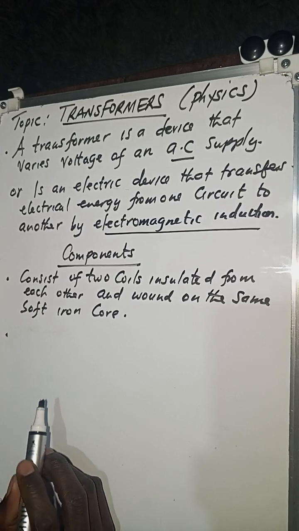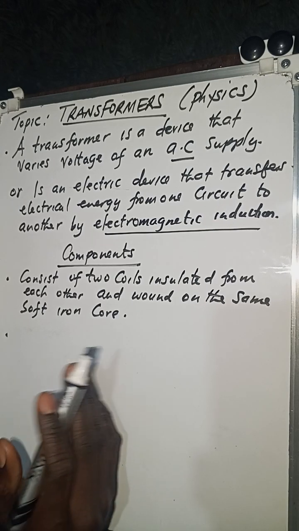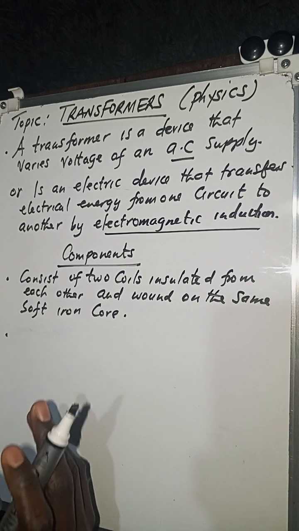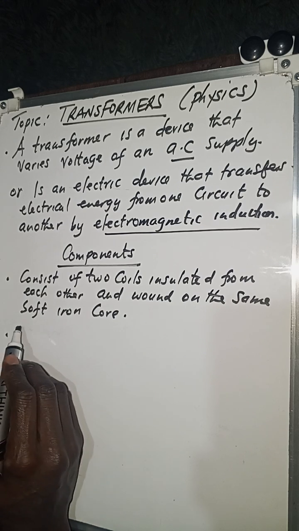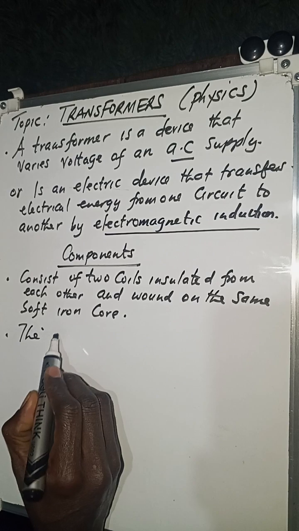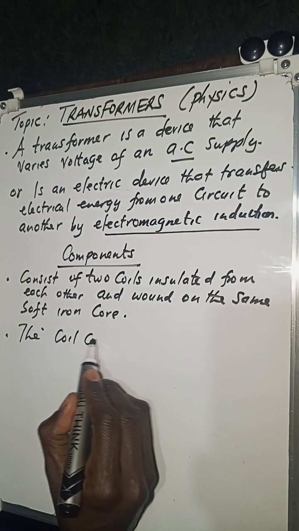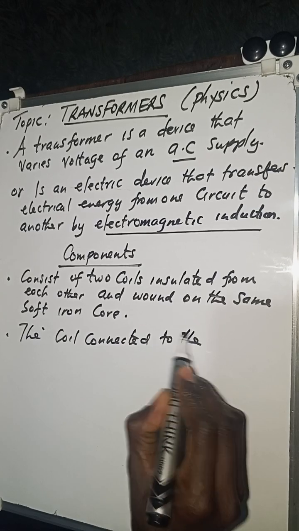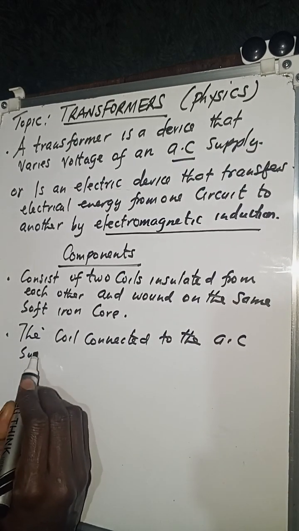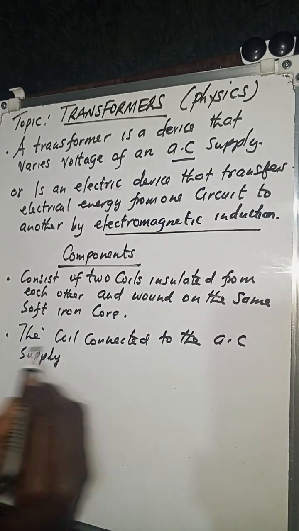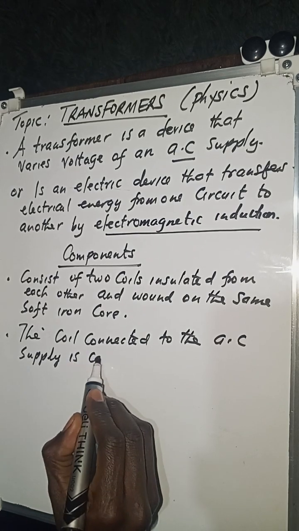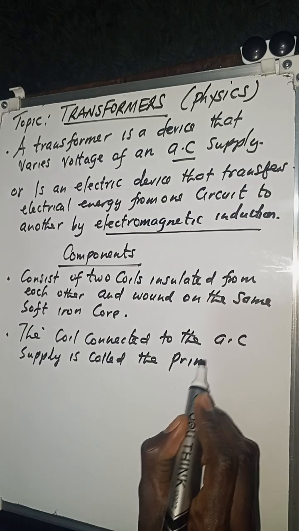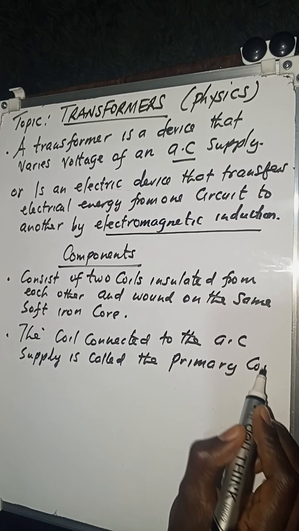So another component that you're going to find is that while it consists of two coils insulated, the coil connected to the AC supply is called the primary. So we call it the primary coil.